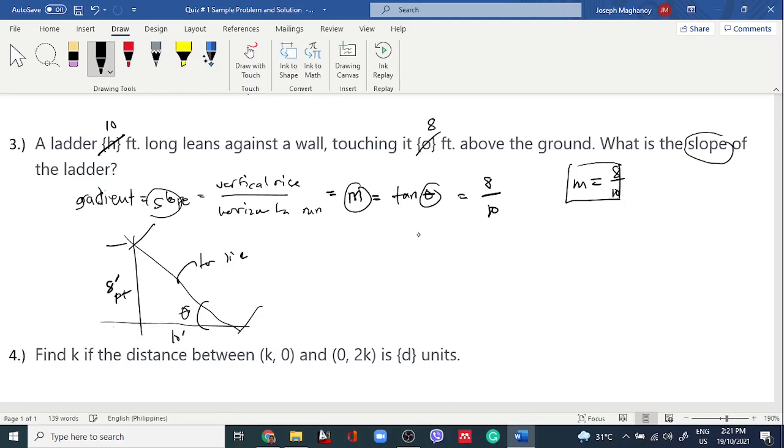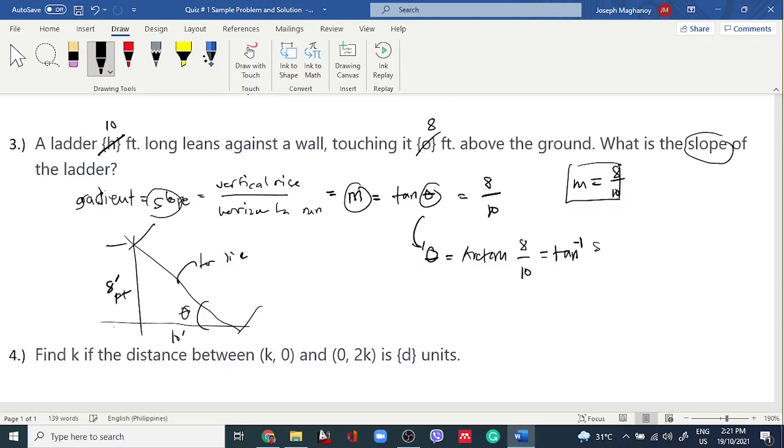But if the problem continues to ask you to determine the angle, your angle should be equal to the arctan of 8 over 10, or you can write this as tangent raised to negative 1.